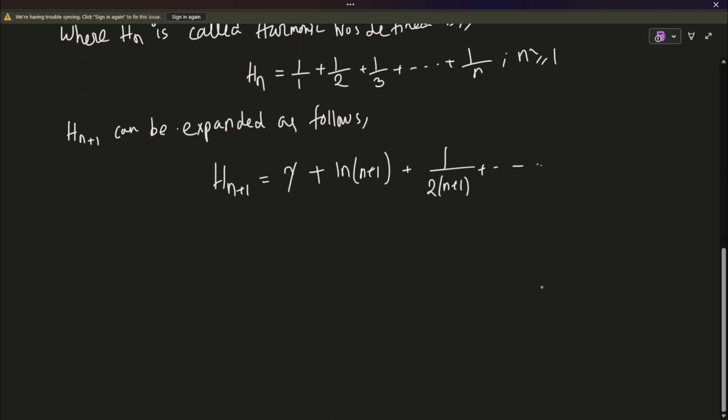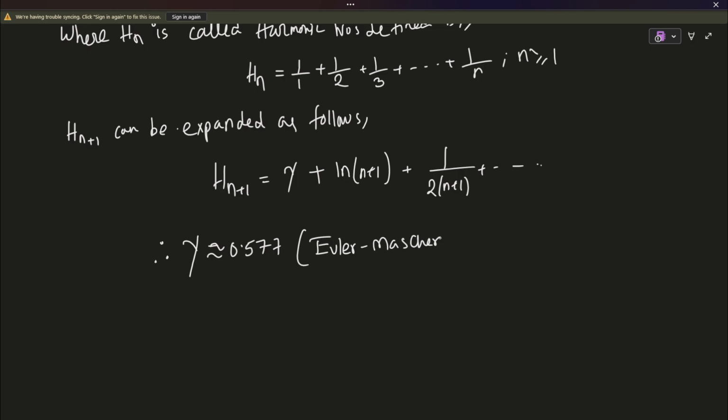So what is this gamma? Another new thing, so this is to be remembered. Gamma is approximately 0.577, something around that. It is called the Euler-Mascheroni constant. Very, very important constant in all of calculus.